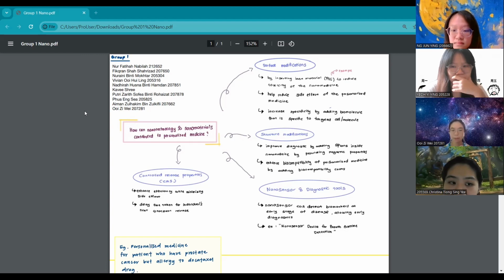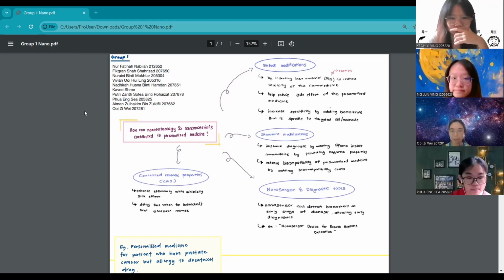It is actually important to incorporate magnetic properties into the nanomaterials for personalized medicines, because this magnetic property can enhance the versatility and applicability in personalized medicines, allowing it to be more precise and targeted towards certain cells, and it is also able to improve the efficacy and safety of the treatments and minimize side effects.